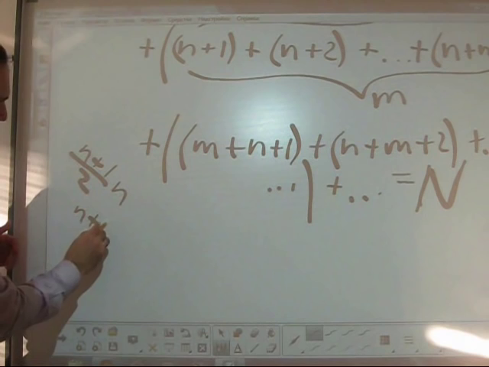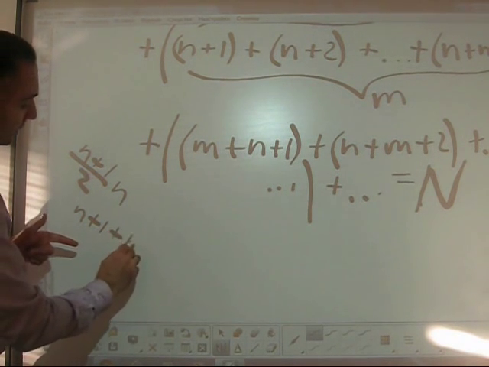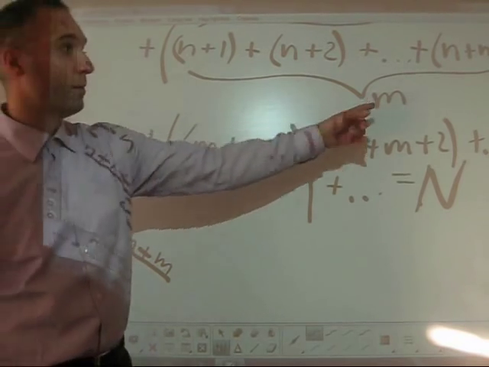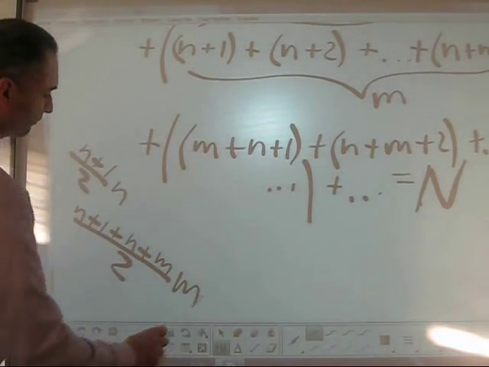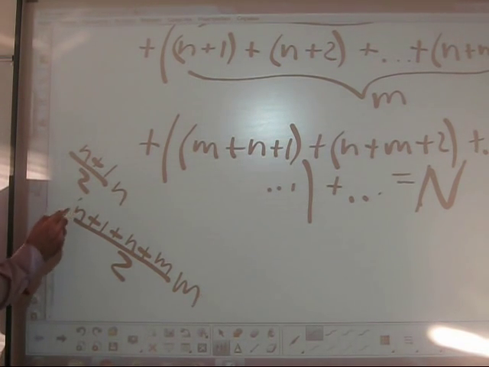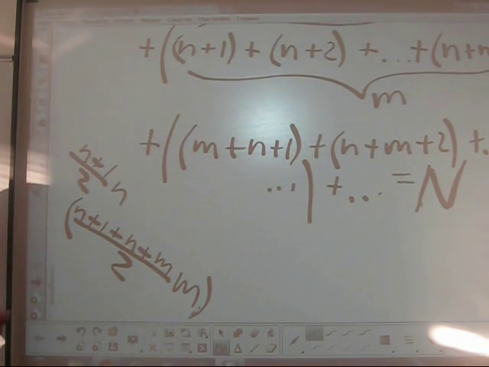So we have n plus 1 plus n plus m over 2 times m. So our job is to show that this can be a square of some odd number. Okay, let's do it.